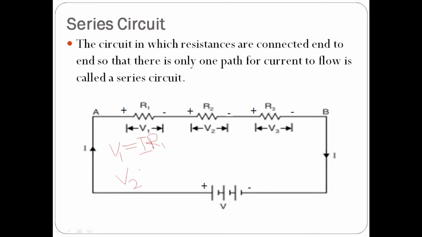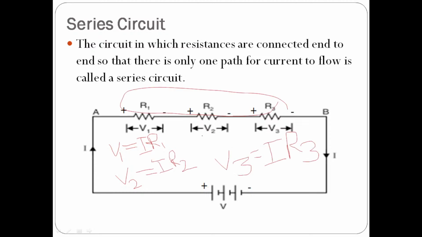Okay. So V1 equal to I into R1, V2 equal to I into R2, V3 is equal to I into R3. How are these elements connected? R1, R2, R3, they are connected in series. When elements are connected in series, all the voltage drops will be added up.